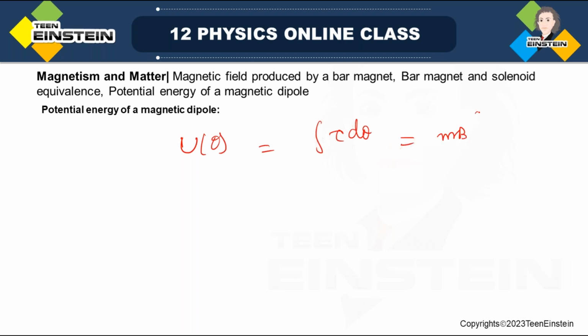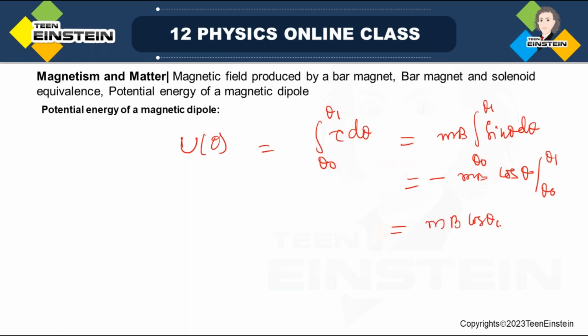So integral of mB sin theta d theta from theta 0 to theta 1, with the minus sign, gives mB cos theta between these limits. So the potential energy of a magnetic dipole moment is actually given by minus mB cos theta, or vectorially we can write this as minus m dot B.